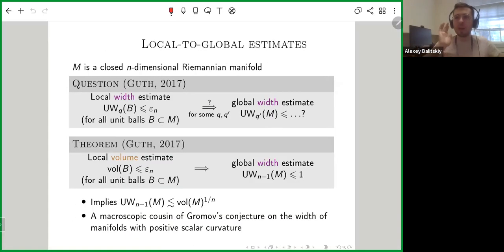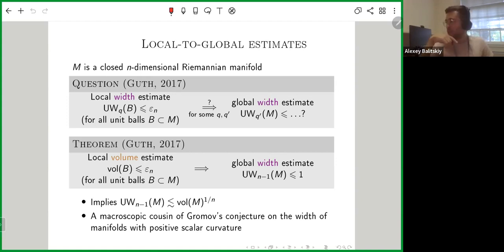Right, so I want to say one more word which I did not write in my slides about this theorem of Guth mentioned here, which, as I said, implies the conjecture of Gromov. This theorem was recently reproved by Panos Papasoglou by a very cool trick that deserves to be better known.